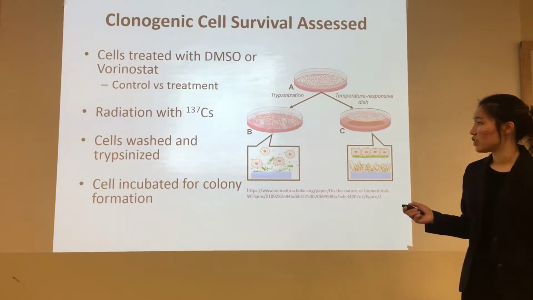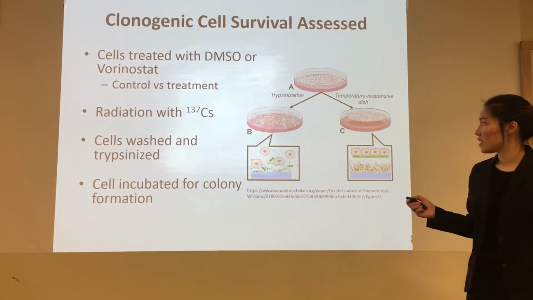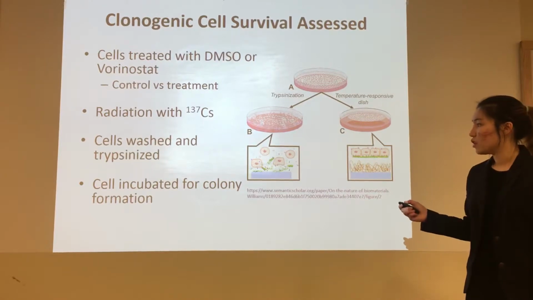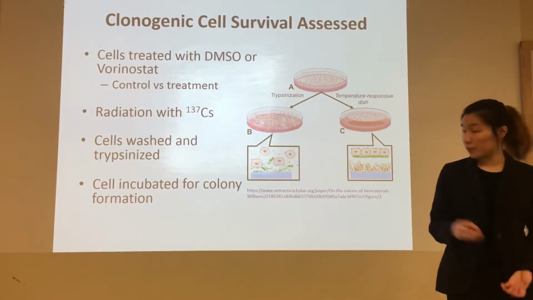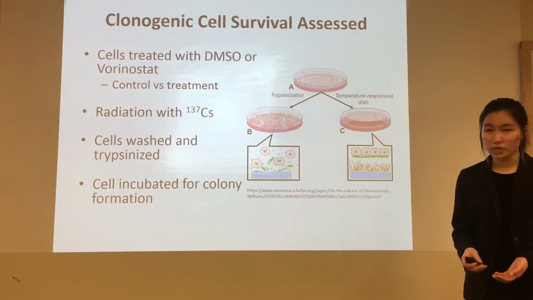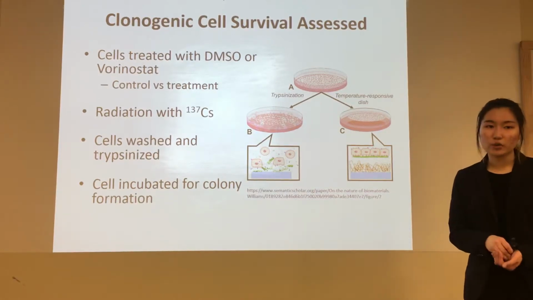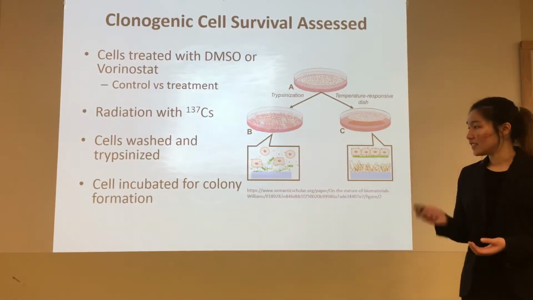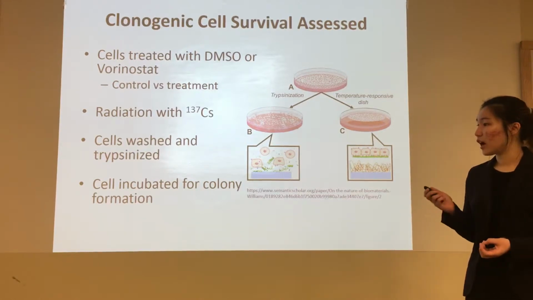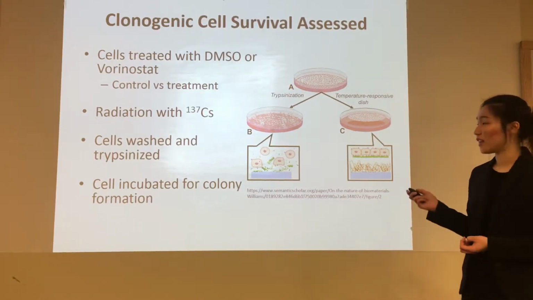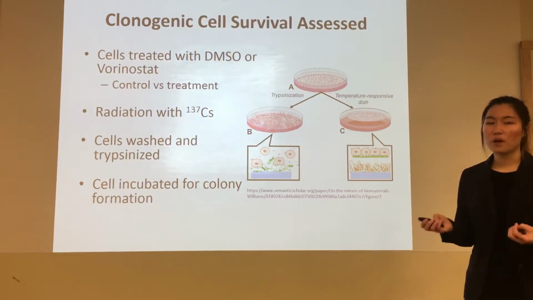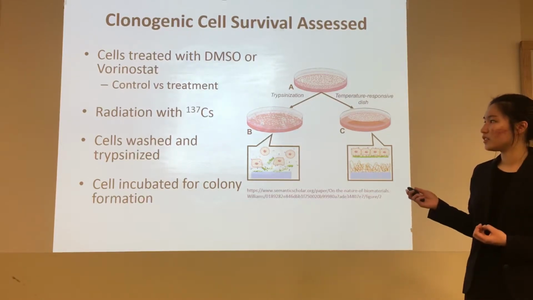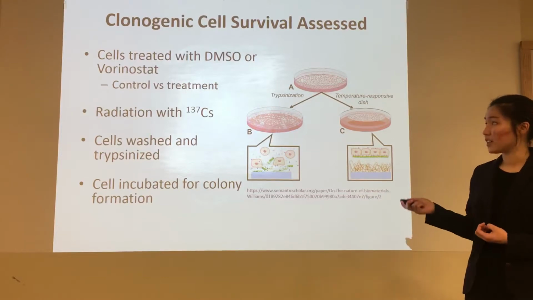After the radiation, cells were washed and trypsinized. The purpose of trypsinization is to detach these cells from the medium so that they can be incubated in a different medium for colony formation. Once the colonies were formed, they were stained and measured so that they could measure how many cells are able to proliferate against the radiation and Vorinostat.